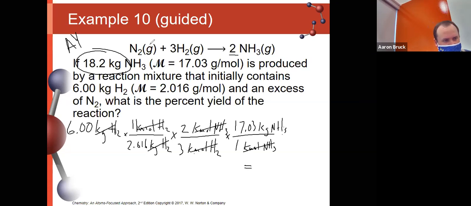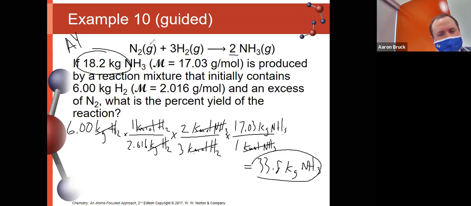So if I do this calculation, my theoretical yield, 6 times 2 times 17.03 divided by 2.016 divided by 3, to 3 significant figures, 33.8 kilograms of ammonia. So this is my theoretical yield. Again, stoichiometry gives us theoretical yields.